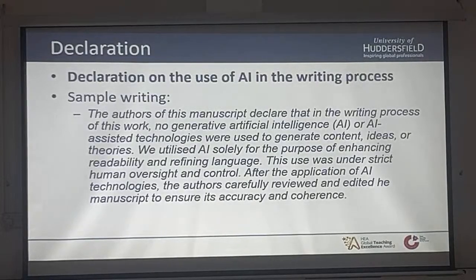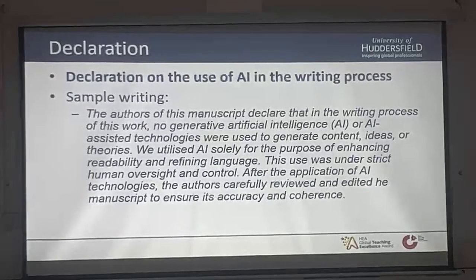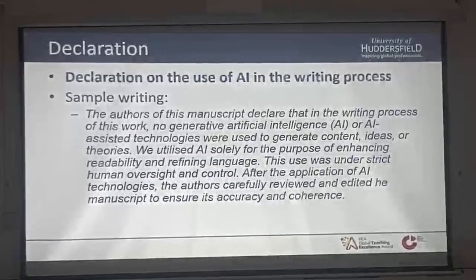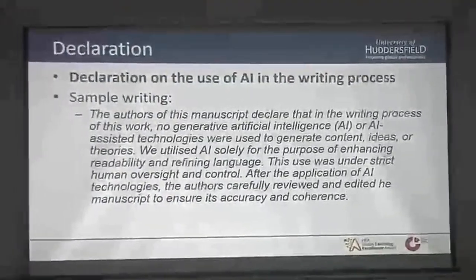And then another journal's instruction, just an example from one of the journals. They say that if you are taking help from the AI, it's accepted, but there is a statement that we need to produce. That's the thing I mean, the transparency. This is actually copy and paste from the published journal.